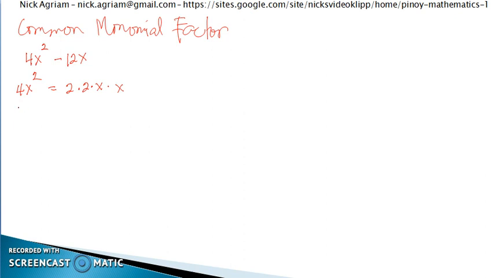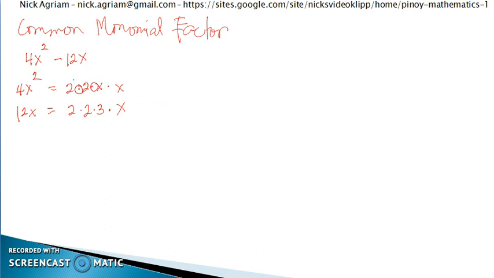And 12x is 2 times 2 times 3 times x. If you use parentheses, then it's all right. I am using this multiplication notation.